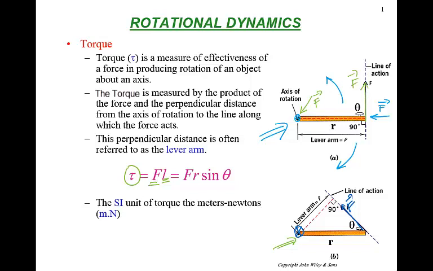The lever arm is the shortest distance from the axis of rotation to the line of action. How do we make the shortest distance? Very easy. You just make a line, and that line needs to hit the line of action in a perpendicular form, making a 90-degree angle. So this red dashed line is indeed the lever arm.